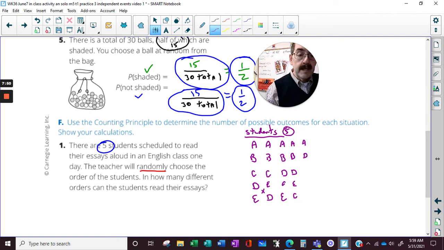D, B, C, E, A, D, C, B, E, A, D, C, C, D, E, now C, E, B.